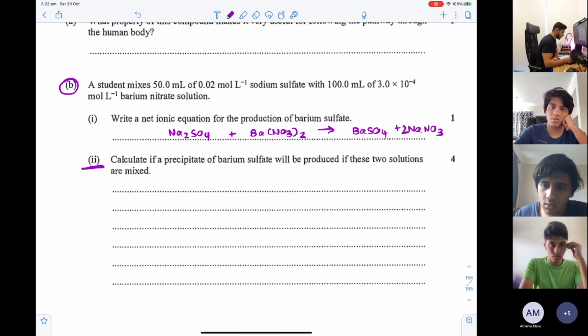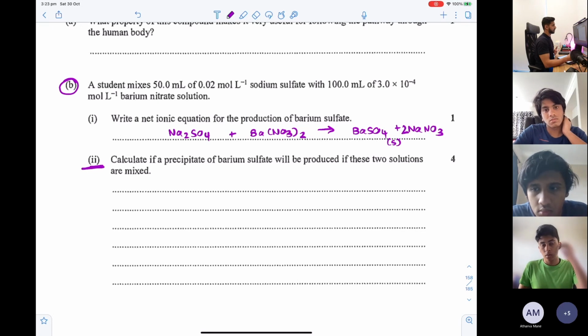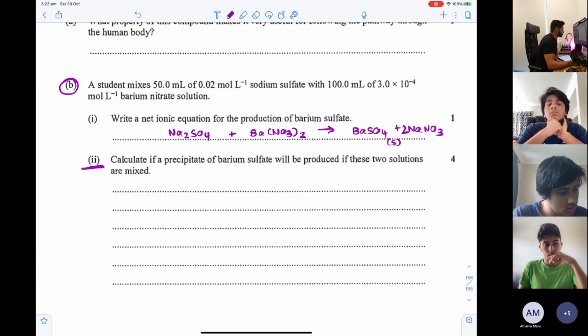BaSO4 solid. Yeah, right. Remember your sulfates. Everything is soluble except for, what were the exceptions? I'm just going to ask random people. You're going to tell me one exception. Tanisha, what's one exception for sulfates? Lead, mercury, silver.